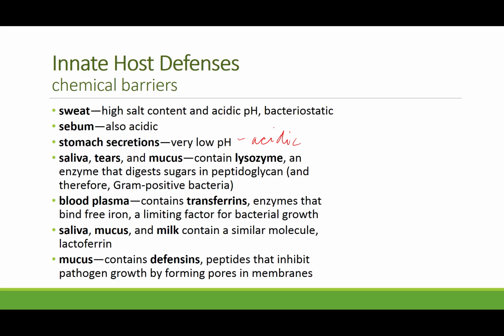Blood plasma contains a set of proteins referred to as transferrins. I'm sorry, I should say that correctly. These are enzymes that can bind up any free iron that they come across and create an environment, as I was saying before, that is low in iron and therefore helps to limit bacterial growth.